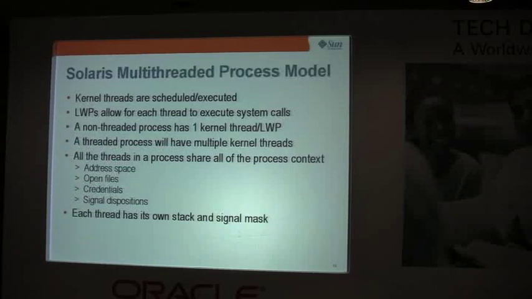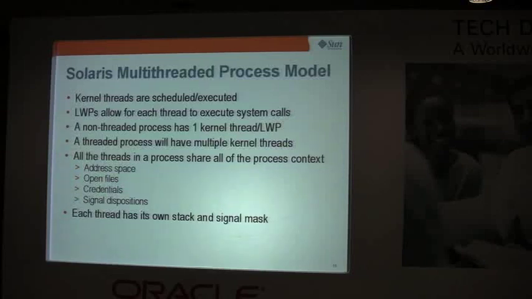So in the multi-threaded process, all kernel threads is where we do scheduling. There's a one-to-one mapping between the kernel thread and the user thread, which means that we basically schedule all threads. If you have a multi-threaded process, we don't schedule on the process, we actually schedule per thread in the kernel.